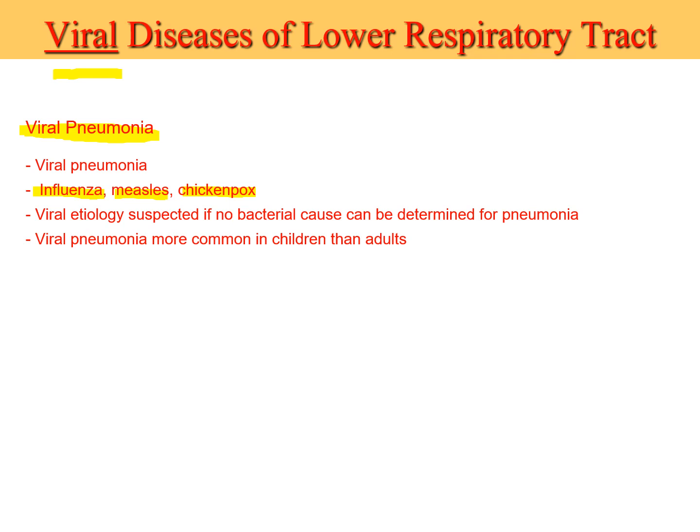If no bacterial cause can be determined for a pneumonia, if the pneumonia is not responsive to antibiotics, and there are no bacteria cultured from sputum samples, then a viral cause or viral etiology is the most likely suspected cause of the disease. More common in children than adults.